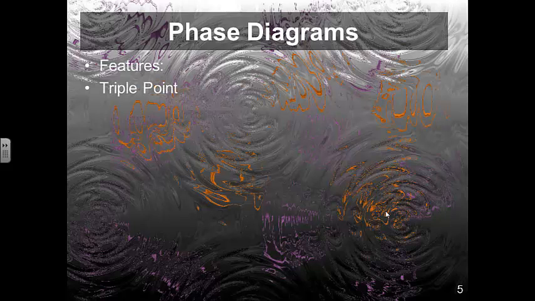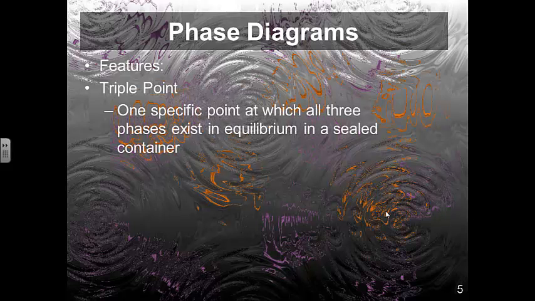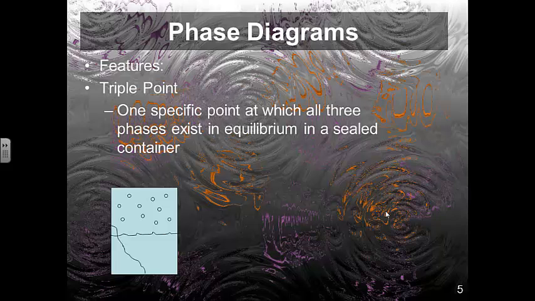The next features we're going to look at are the points. The first one is called the triple point. The triple point is one specific combination of temperature and pressure where all three phases exist in equilibrium together. Here's a picture to help you visualize what that might look like.